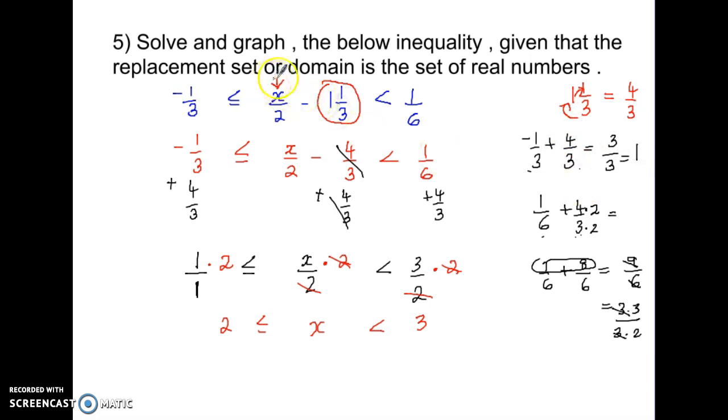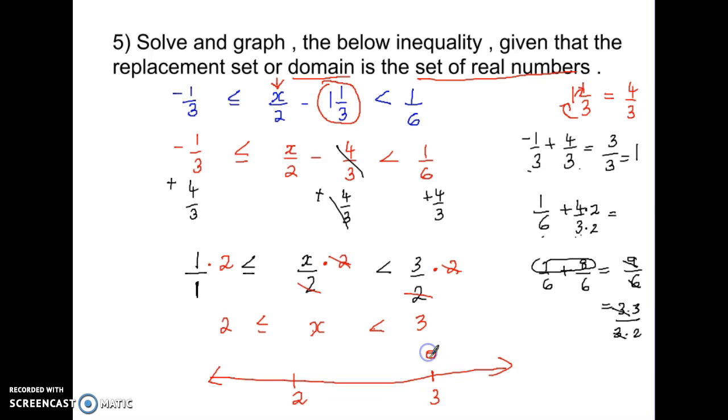Since it says that the domain or the replacement set is a set of real numbers, we can include all the solutions that are here. So if I would try to graph this on a number line, I have a number line like that, and I have the number 2 over here and the number 3 over here. We know that x is less than 3 without including 3 because there's no line below here.